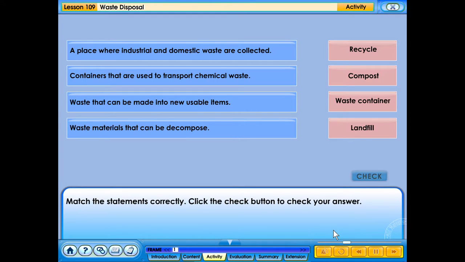Match the statements correctly. Click the check button to check your answer. That's not right.